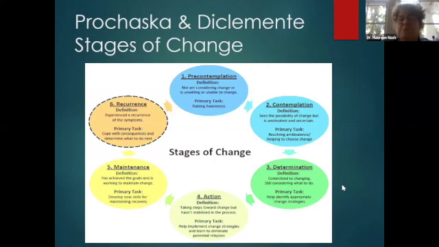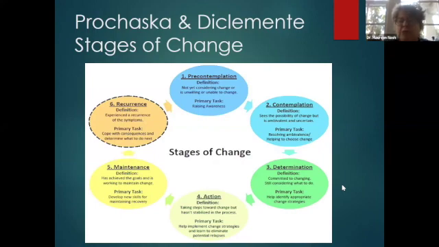Because if somebody believes that using substances is the only thing that's going to help them, and the first thing you talk to them about is getting rid of the substance without helping them have other ways to meet their needs, you're never going to get success. So the interventions you recommend and use really depend on what stage a person is at.